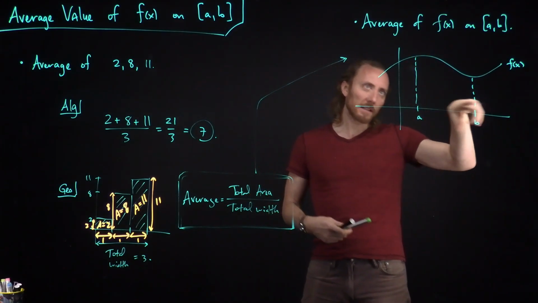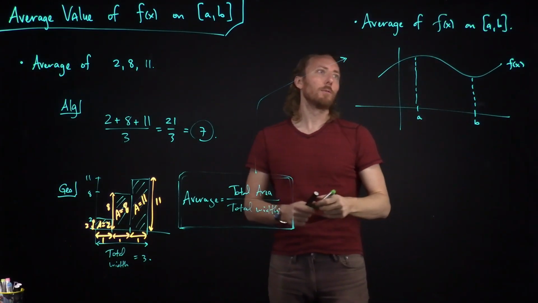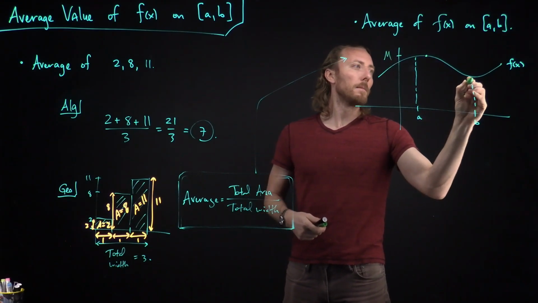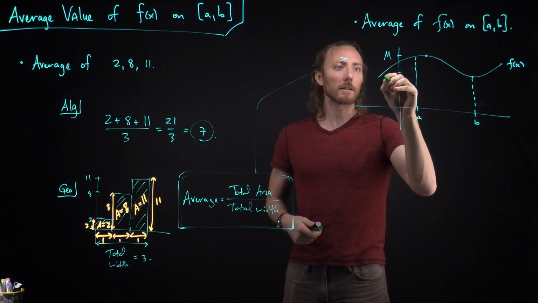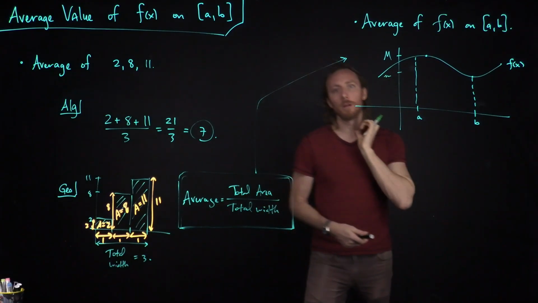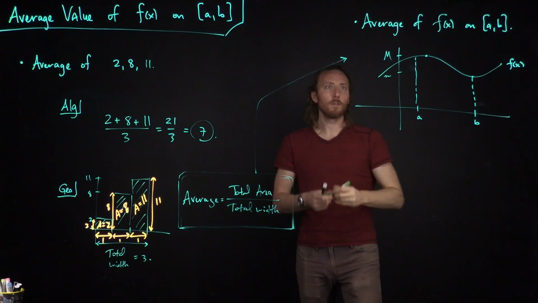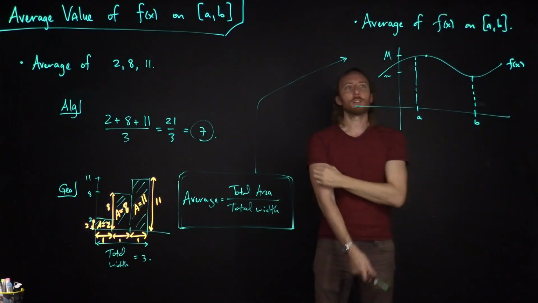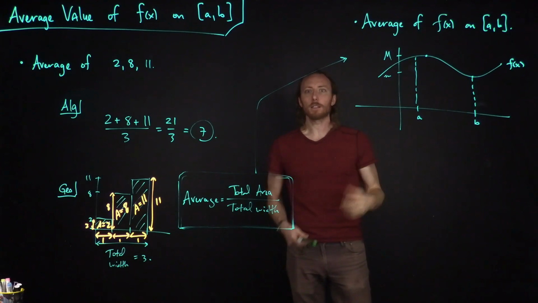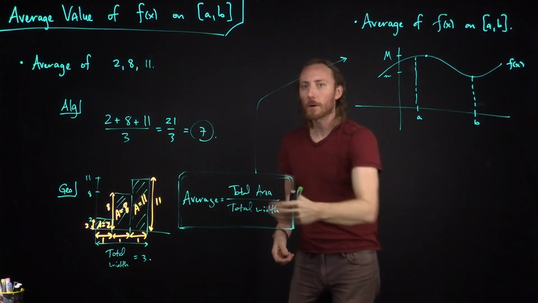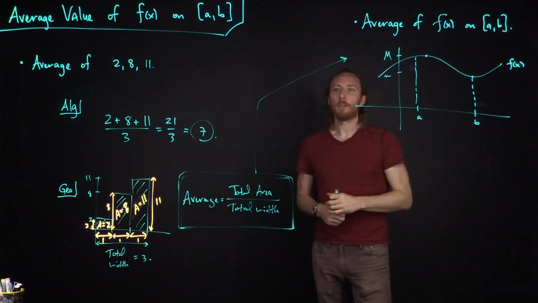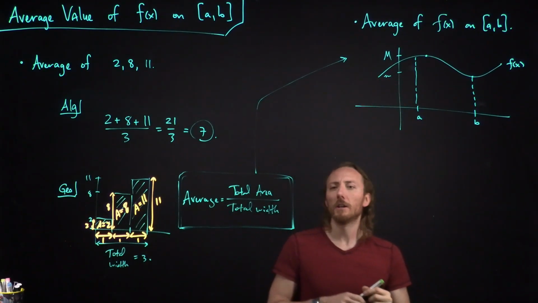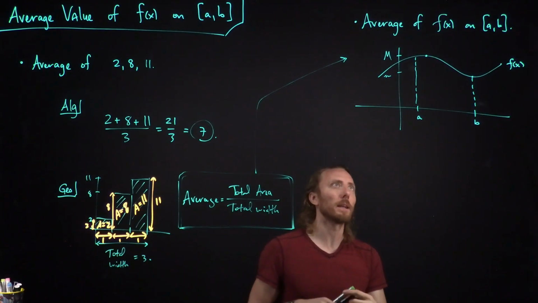Well, this function has values that undulate between, maybe there's some maximum value up here, let's call it capital M, and some minimum value here, let's call it little m. And so the function values are between capital M and little m. But what's the average of the function values along this interval? Well, taking a cue from our geometric interpretation of average from the conventional sense, what if we just computed total area and divided by total width?